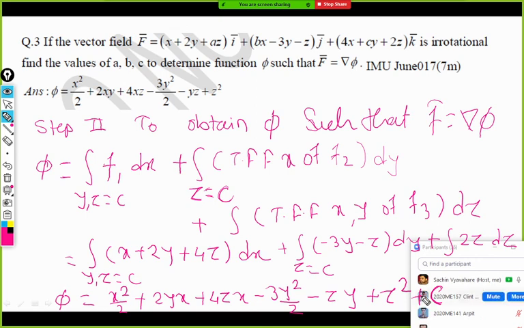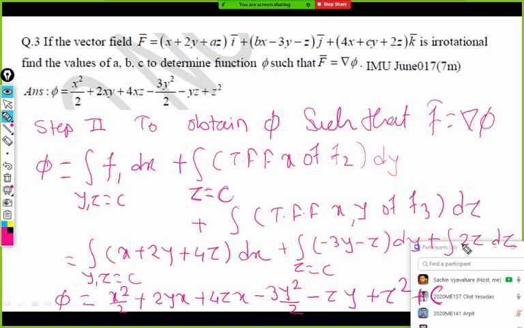Sir, I have a doubt. In the first term, we have to keep y and z constant, correct? In the second term, we have to keep z constant. And in the third term, we have to keep nothing constant, because it is already written terms free from x and y of f3. When you write the terms which are free from x and y of f3, you get only a function of z in the bracket.